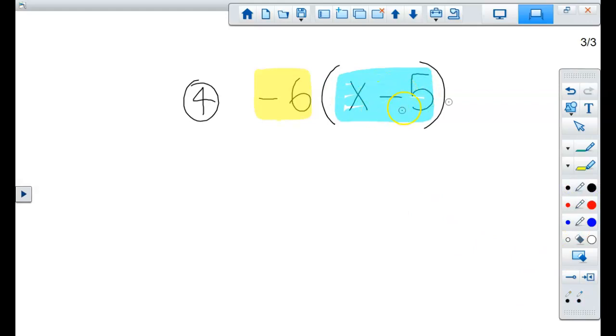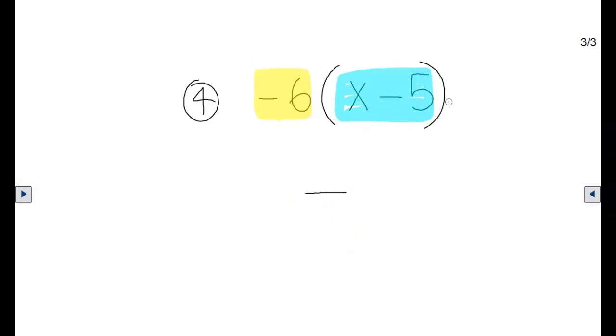Let's get started. We've got a minus in our parentheses. So we're going to put a minus down here for our answer. And then we're going to distribute that -6 to each member of the group. So you'll do -6 times x.